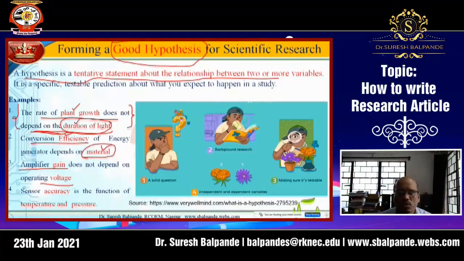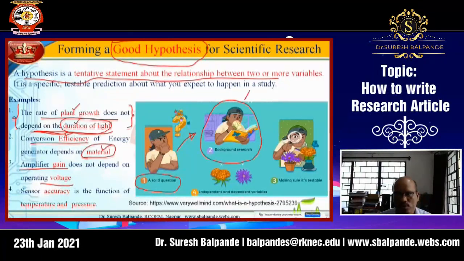So when you set a good hypothesis, a good question, this is nothing but a solid question which you are asking yourself. Then, once you come up with some topic, some question, some hypothesis, you have to do background research.